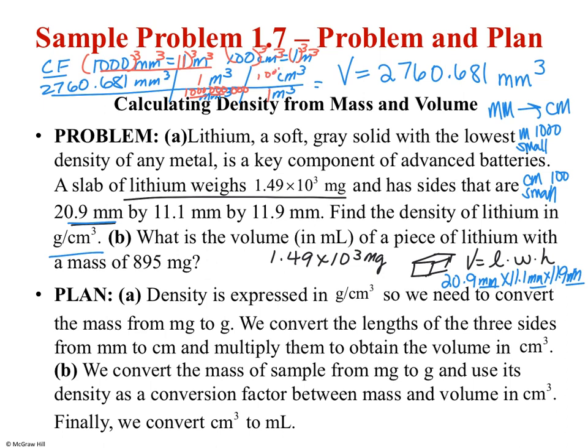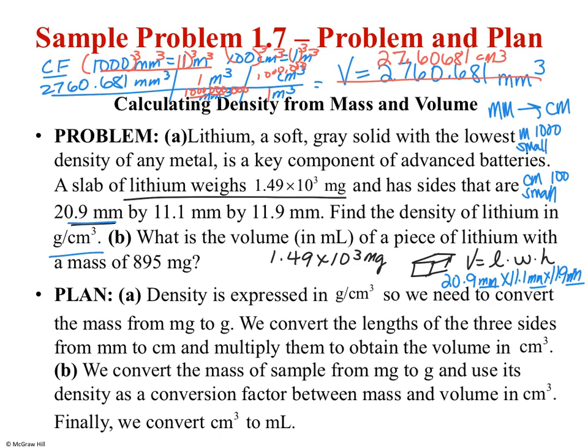There'll be 6 zeros. Now we can take 2760.681 and divide that by 1 with 9 zeros, and then multiply that by 1 with 6 zeros. And that gives you 27.60681 centimeters cubed.